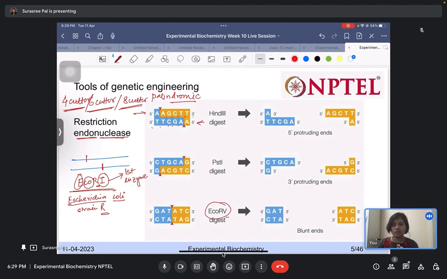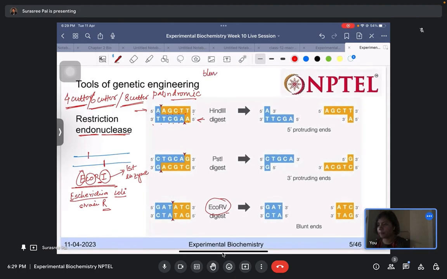Now, based on the region where they can cut the DNA sequence, these restriction endonucleases can produce either blunt ends or sticky ends. What are blunt ends?